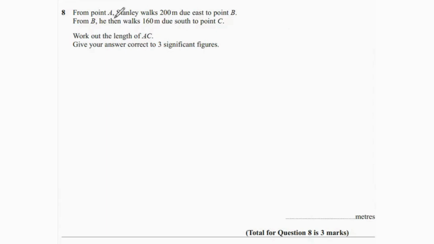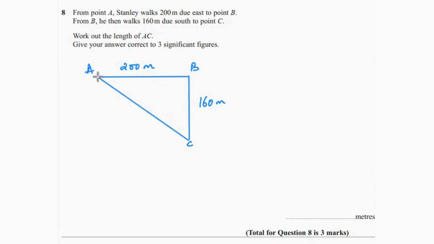As you can see, the question says from point A, Stanley is walking to point B, and that's towards the east side. So this is from A to B, and this is 200 meters. Then from B, he walks 160 meters due south to point C. That's over here. This is C. We have to find the length of AC.